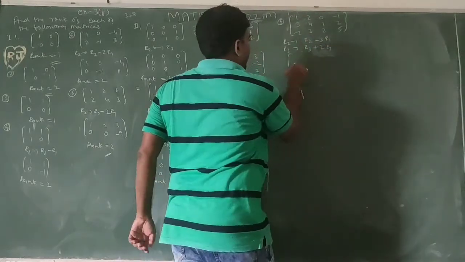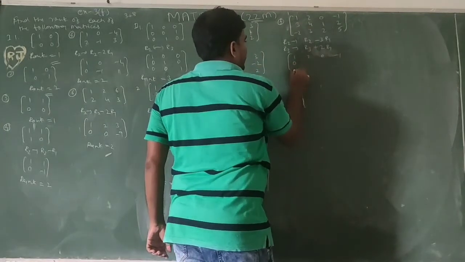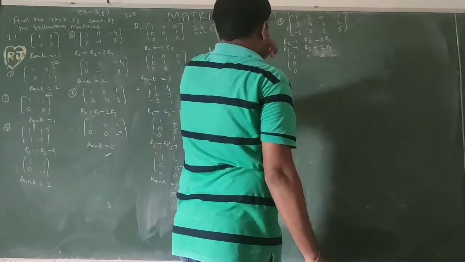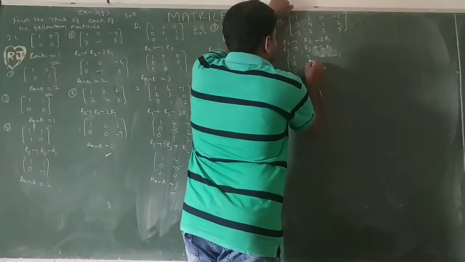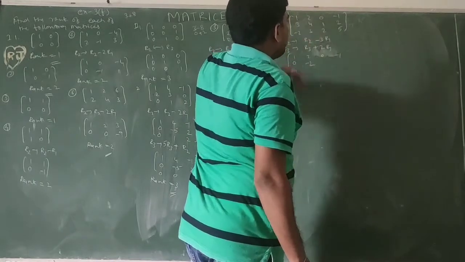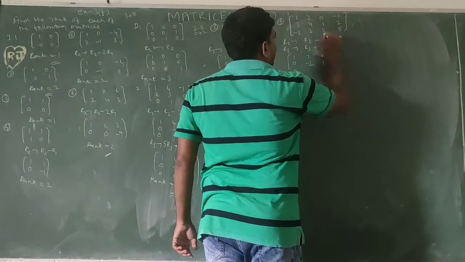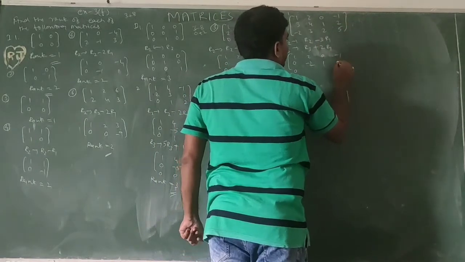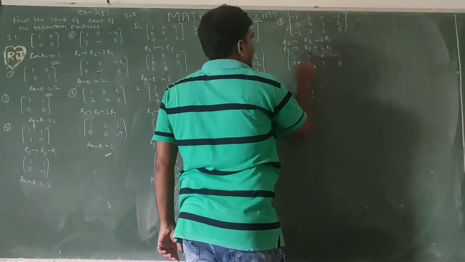So 1 2 0 minus 1. These two elements are 0. Now 4 minus 3 into 2 minus 6. 4 minus 6 minus 2. Next 1 3 into 0 0. 1 minus 0 1. 2 minus 3 into minus 1 plus 3. 2 plus 3 5. Next, this element is equal to 0.